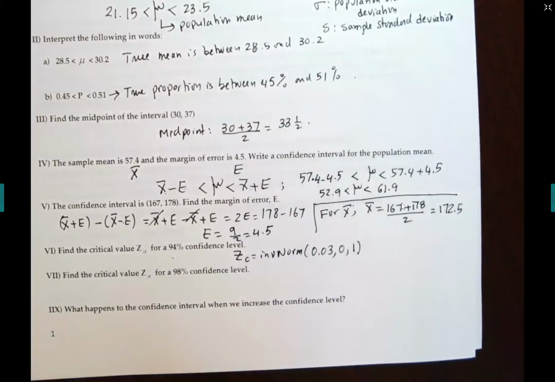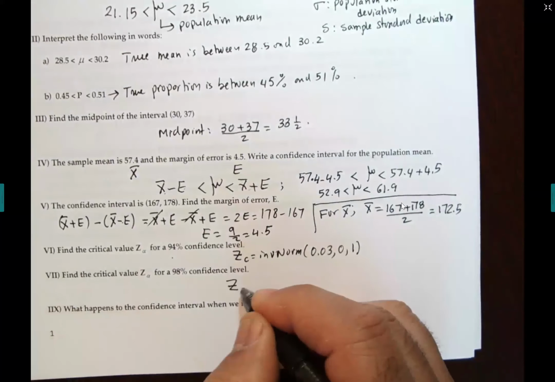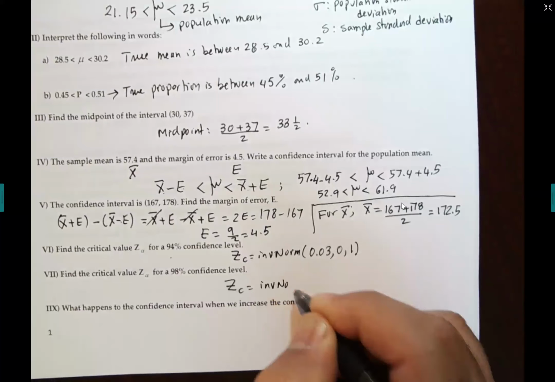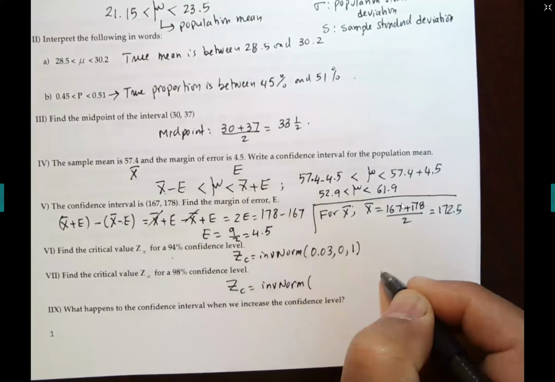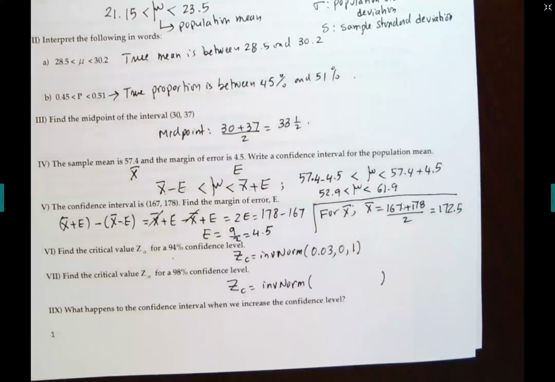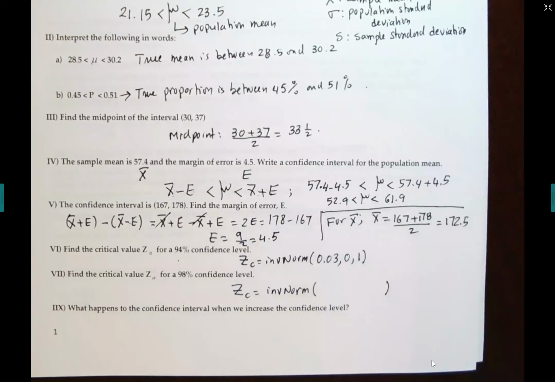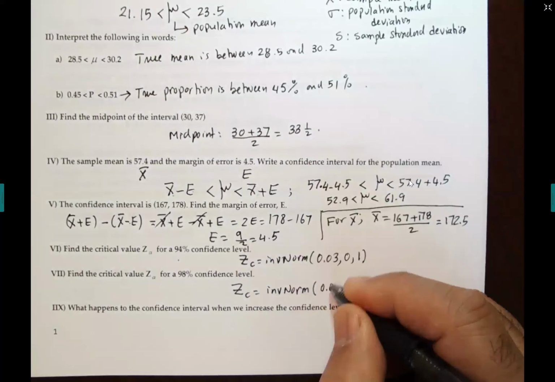Can a student tell me how to find the critical value for 98%, please? What goes in here? 2%. And then what do you do with the 2%? Divided by? 2. Exactly. So that would be 0.01, comma 0, comma 1.